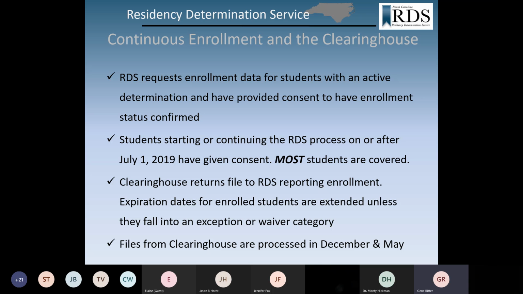We ping Clearinghouse twice a year, and if it shows they were enrolled on any campus in North Carolina, it automatically pushes out the expiration date. That expiration date is only for new enrollments. Once they're enrolled and stay continuously enrolled, they don't have to come back to RDS unless they see a need or you're questioning something. It will not do any exceptions like those in the military, and it will not for time-limited visa students, and we'll talk about that.